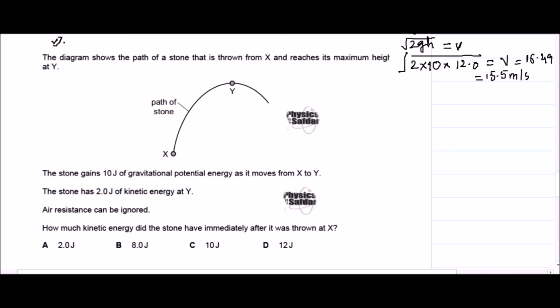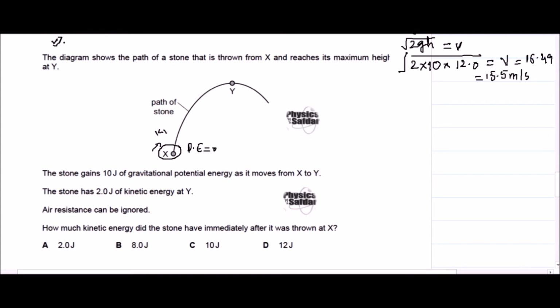Look at this diagram. The point X is the initial position of the stone. You know well, in the beginning, because it did not get any height, the potential energy here is 0, and when you throw, it has some kinetic energy. Suppose that is K1. We don't know its number.